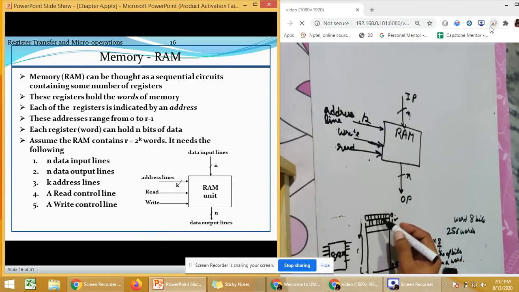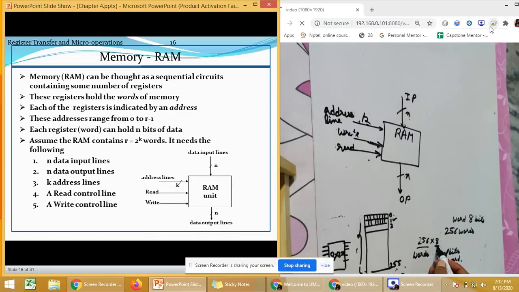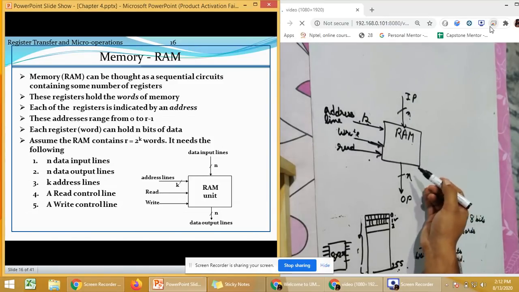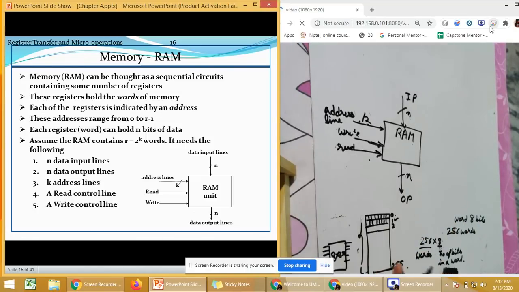Otherwise, generally, whatever is the second value in the calculation, that is 8, is generally the number of lines. Okay, so you can see there are n data input lines and n data output lines, k address lines, and a read control line and a write control line.